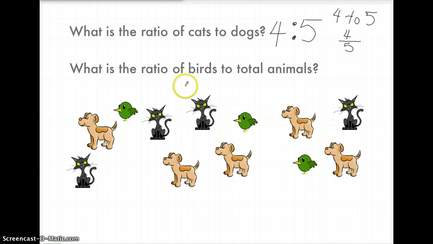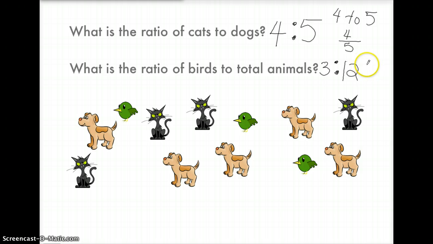What is the ratio of birds to total animals? Well, we have 3 birds here. You have to know your animals in order to get this right. 3 birds. And how many total animals do we have? We have 1, 2, 3, 4, 5, 6, 7, 8, 9, 10, 11, 12 animals. We have 12 animals.